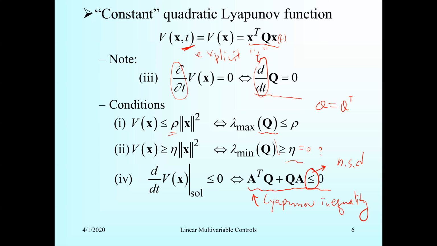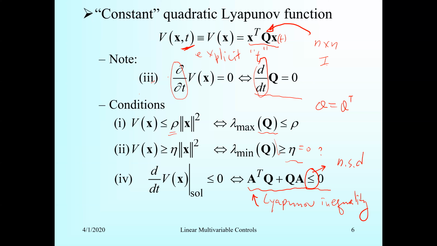You have freedom to choose your Q. It doesn't matter; you can choose any Q you like. Q is an n by n matrix. The ideal case is I, right?